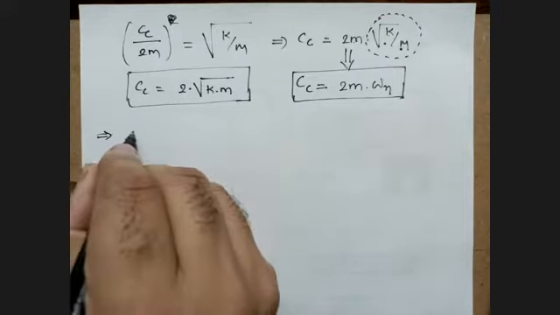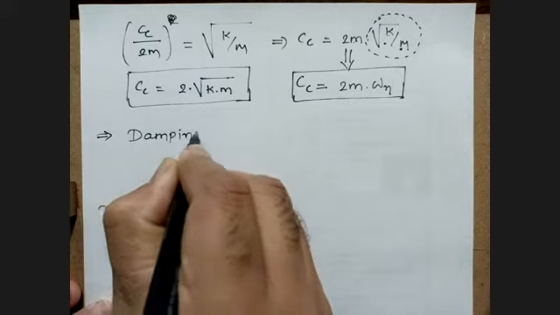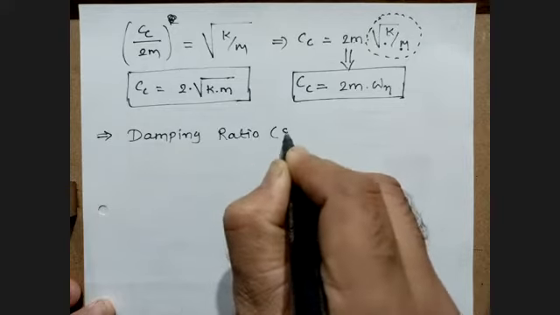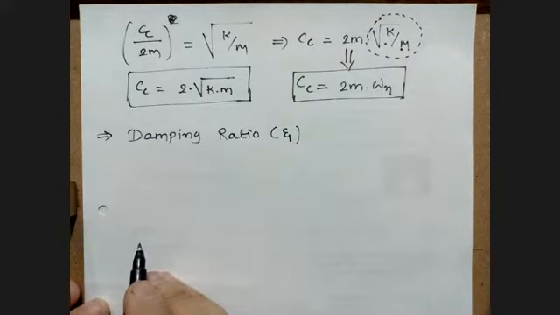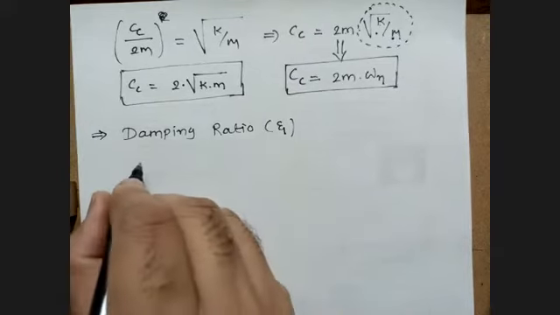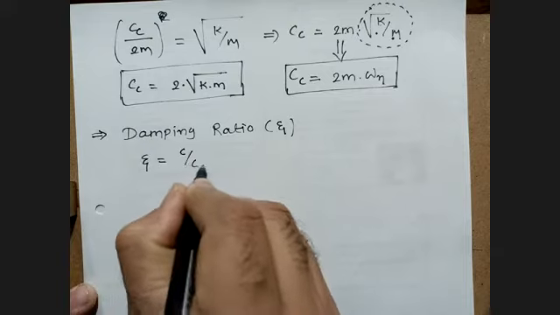So the next term that we're going to introduce here is the damping ratio, called zeta. Damping ratio zeta is equal to C divided by Cc.